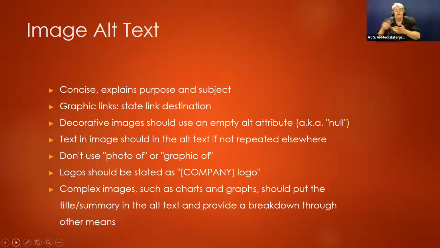If we've got complex images, charts, and graphs, we should put the title and summary in the alt text and then try to provide a breakdown through other means. So maybe we use a data table.